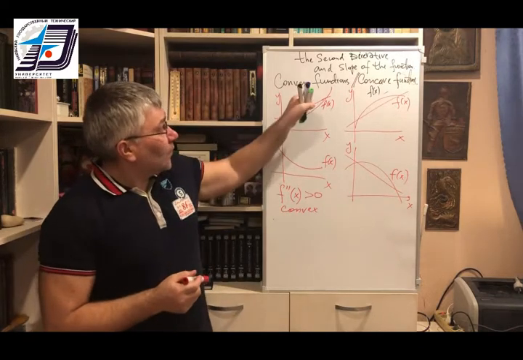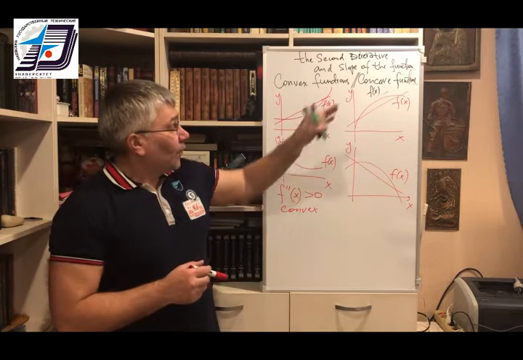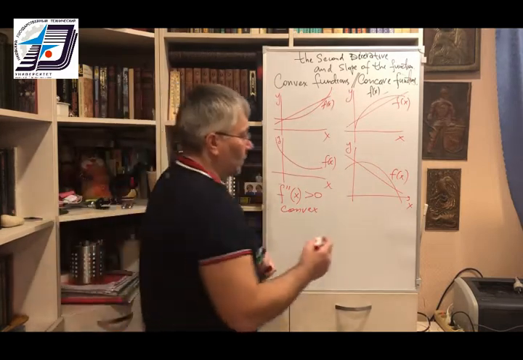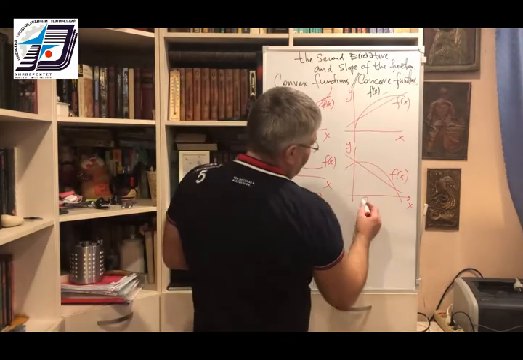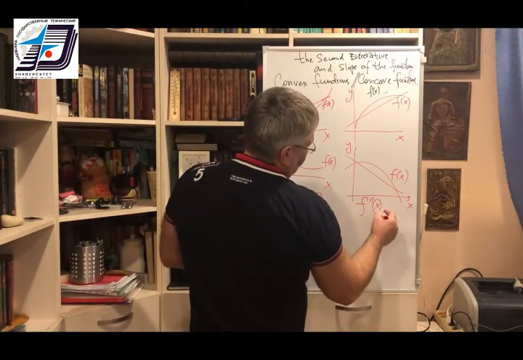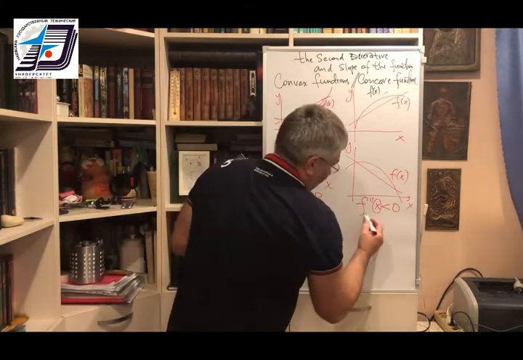So for a convex function, the second derivative is always positive. For a concave function, the second derivative is negative, and it is a concave function.